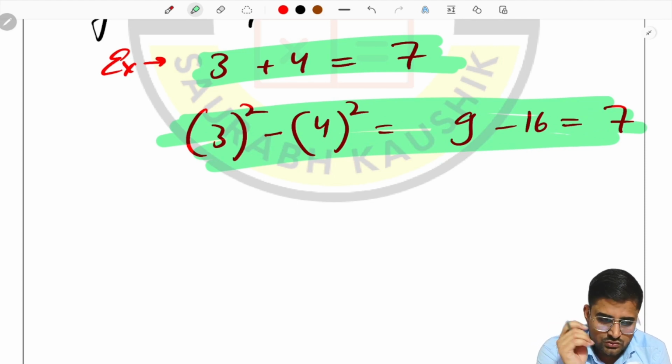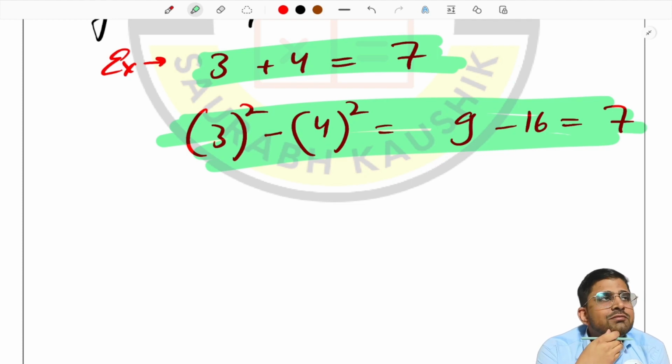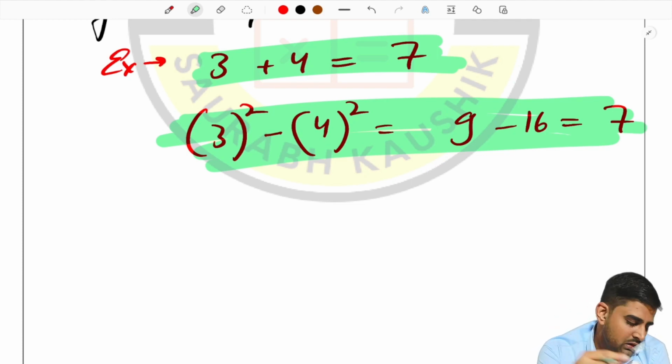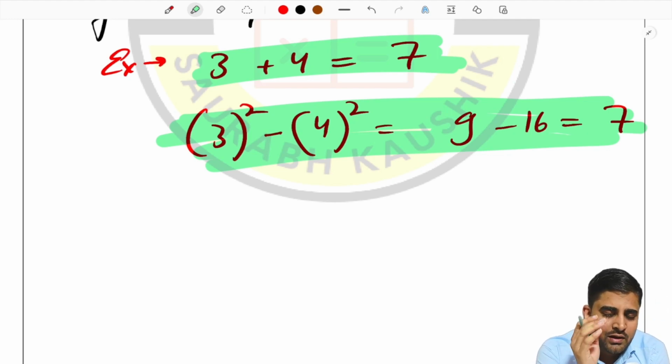For example, what I am trying to convey is, let us say you have a situation where you have to find 7 square minus 8 square.